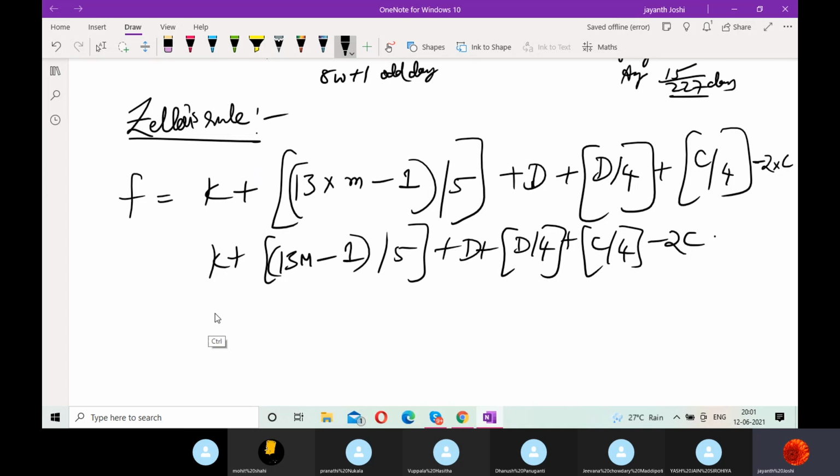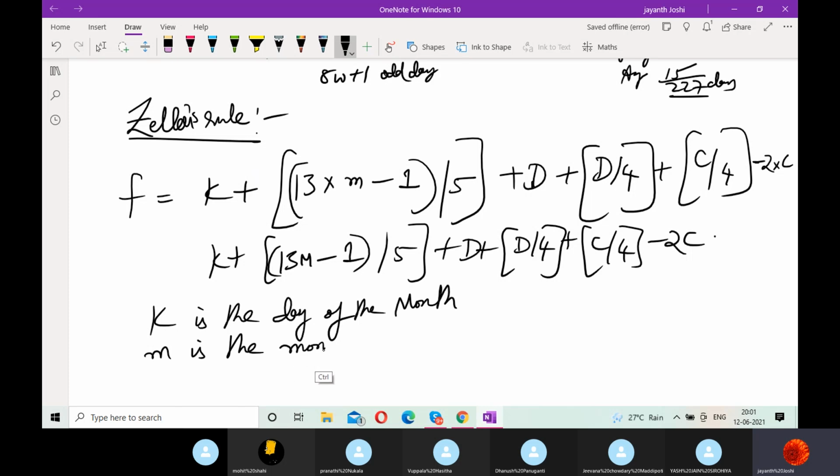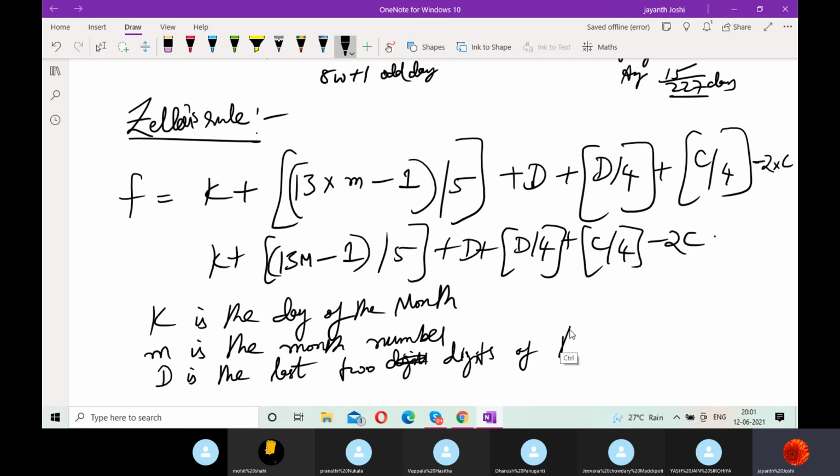Please make a note of this. Here K is the day of the month. M is the month number. D is the last two digits of the year.